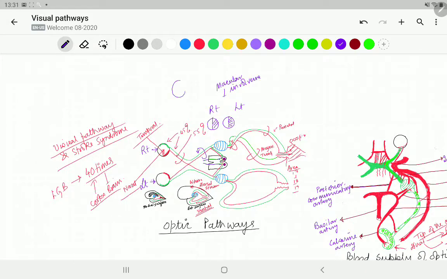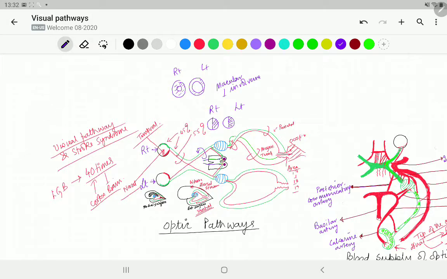And if we look at the pupillary size, if this is right and this is left, we will get a relative afferent pupillary defect and the left pupil will appear dilated. And why is that the case?